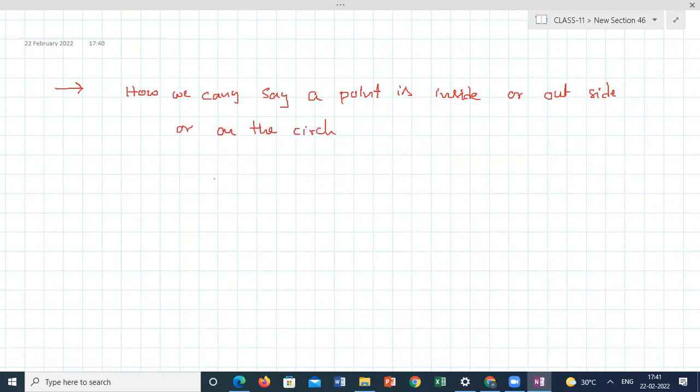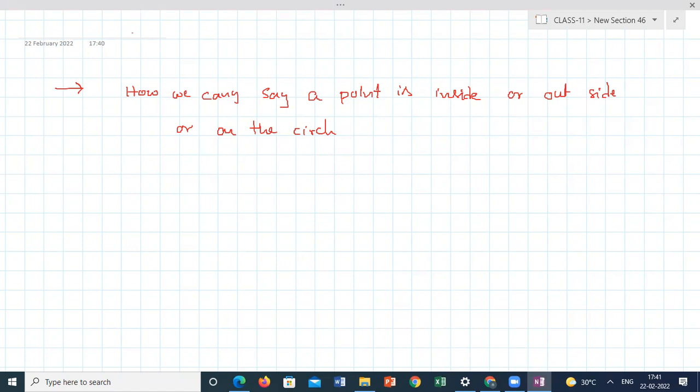How can I say, without drawing, using mathematics, that a point is inside the circle, outside the circle, or on the circle? Anyone? Students, please respond. How can you say?